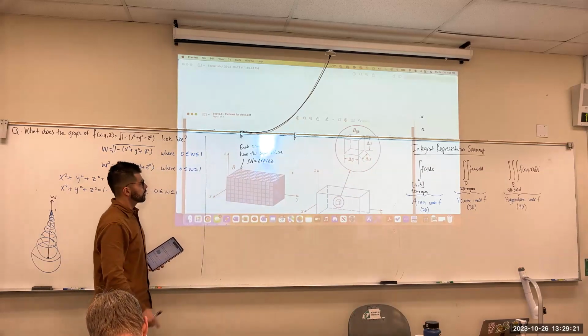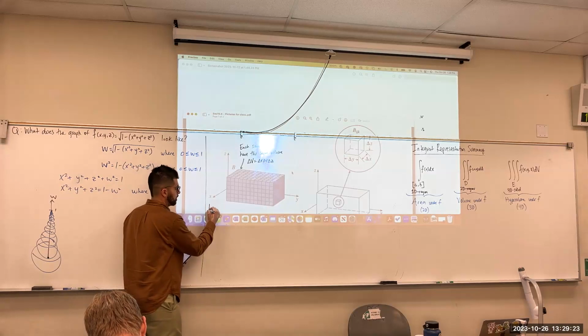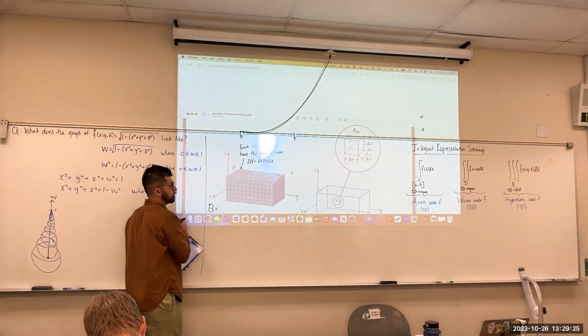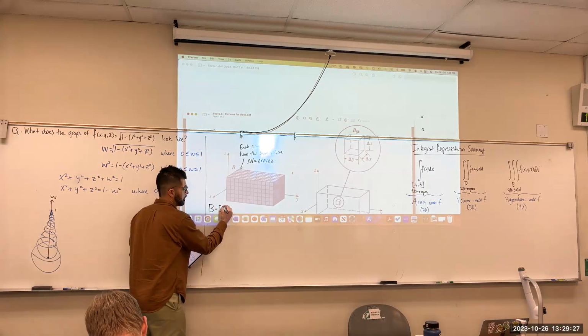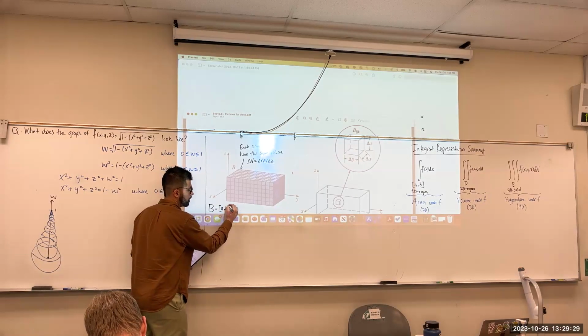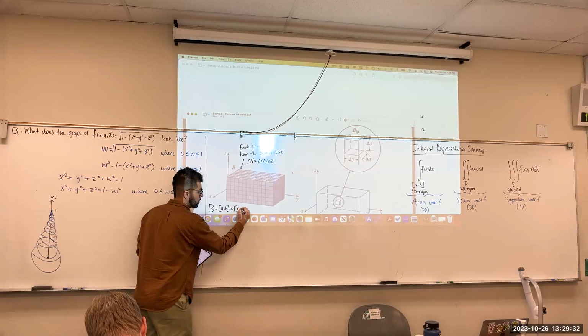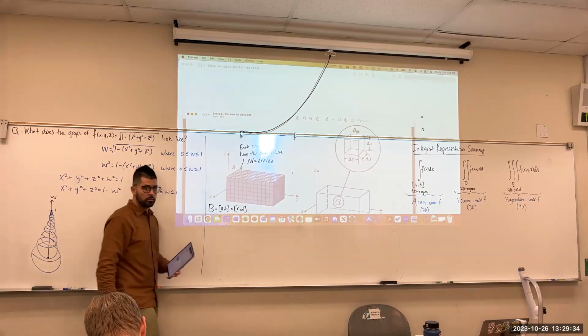Okay. Somewhere in your packet, this B here is going to be, remember we use this notation, this closed interval cross this closed interval. Do you guys remember that notation?